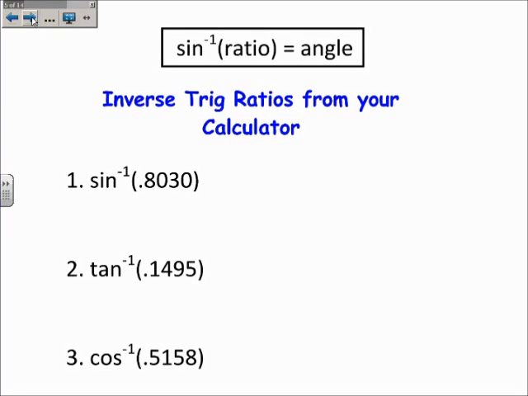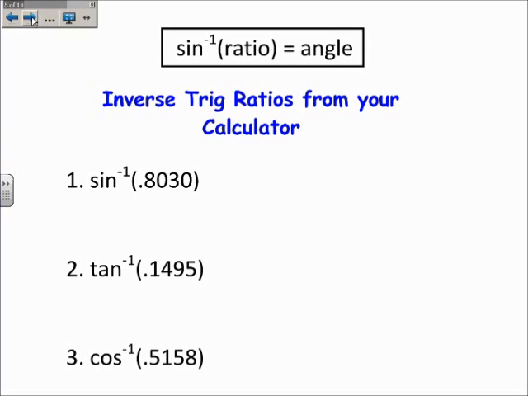Okay, so if you do inverse sine of the sine ratio, it'll give you the angle that would give you that ratio. Or the inverse tangent of a ratio, it'll give you the angle that would give you that ratio. So if you grab your calculator, again, make sure that you are in degrees and not in radians.